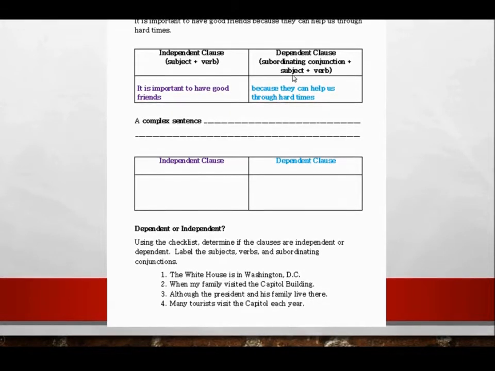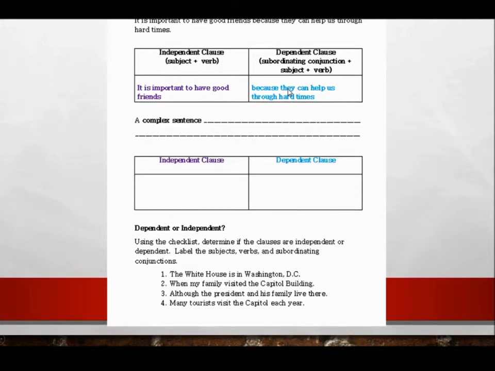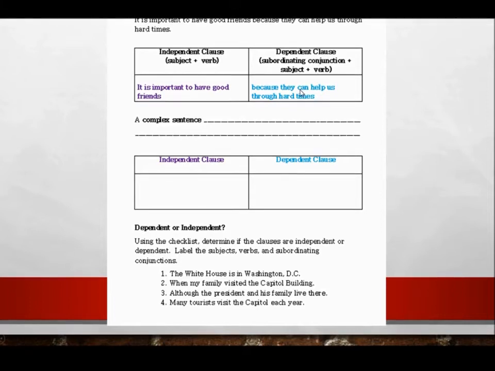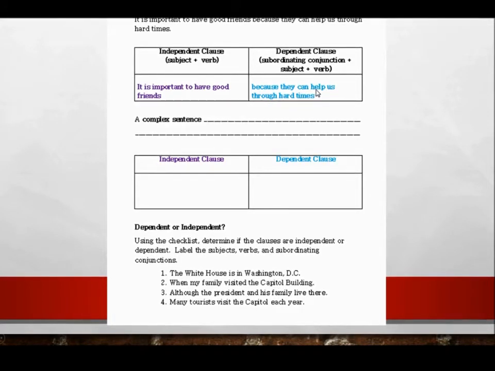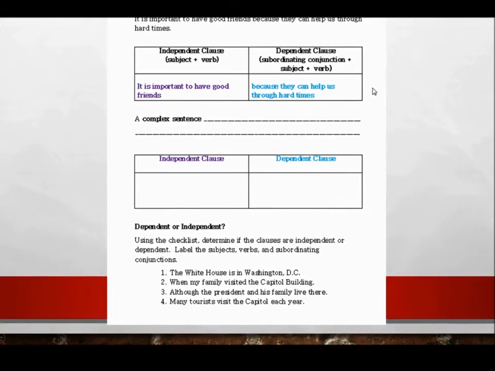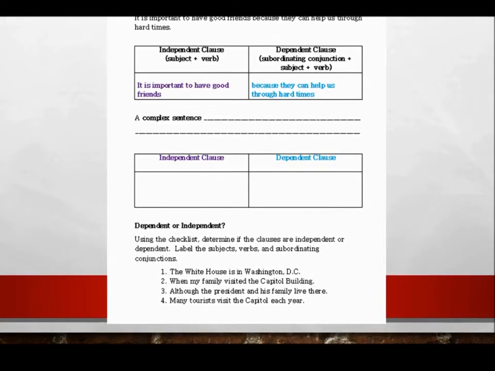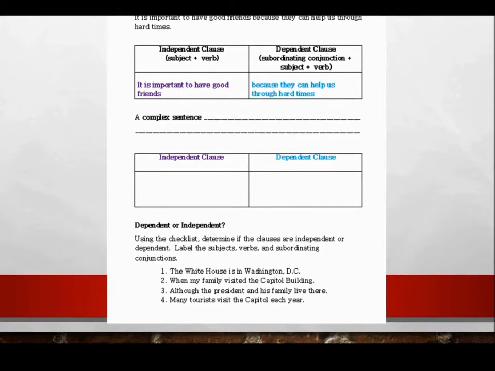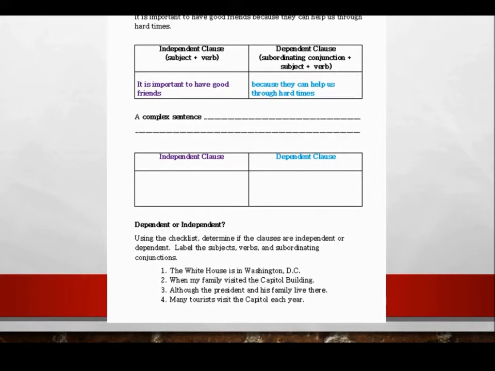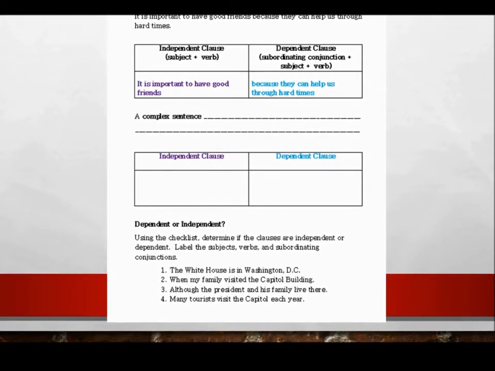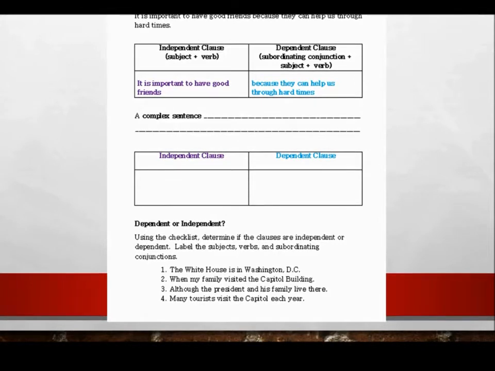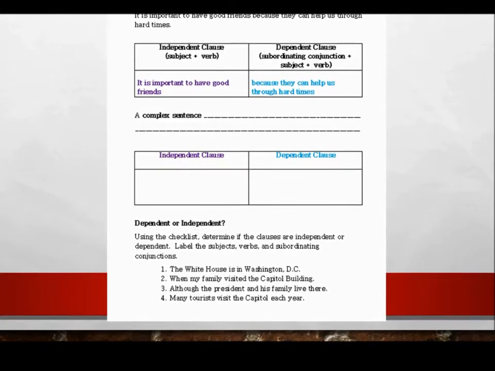It also has a subject, which is they, and it also has the verb, can help. But the reason it is a dependent clause is because it cannot stand on its own. This portion of the sentence needs the independent clause so that it can stand and work together.